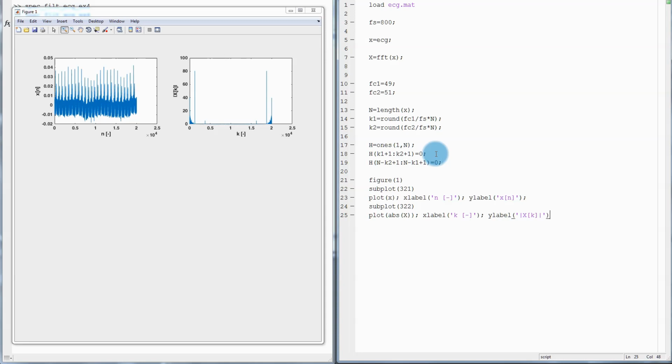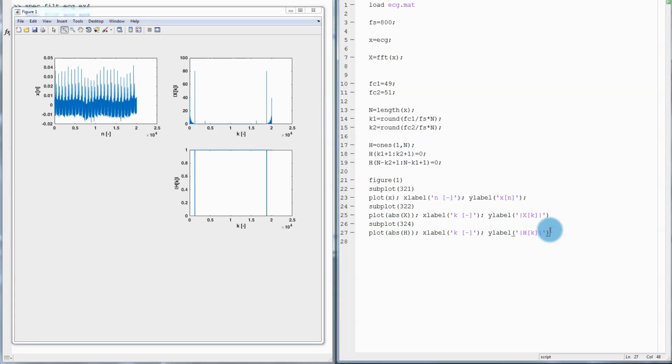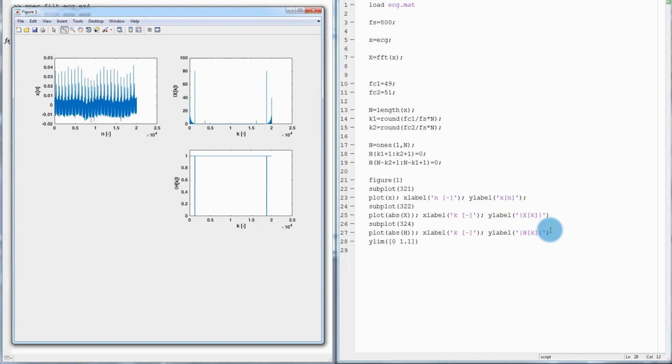So let's take a look at it. Here you go. I will just scale the vertical axis so that you can see it better. And now it looks better.